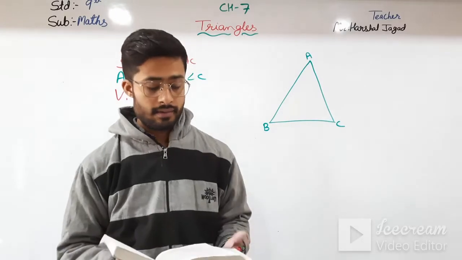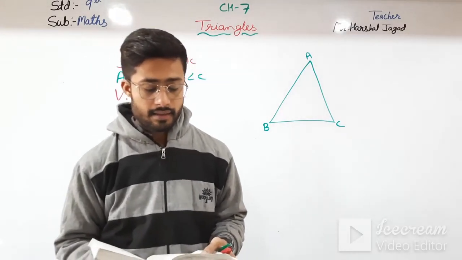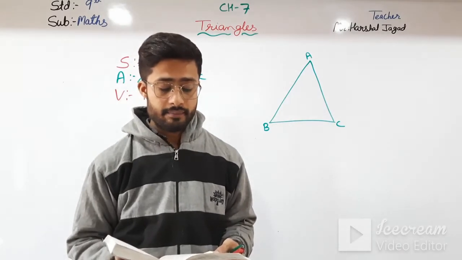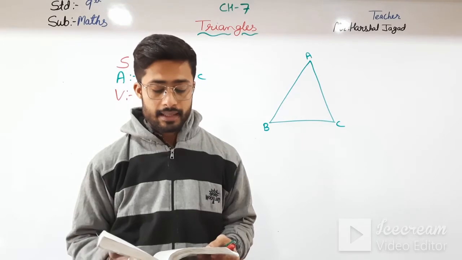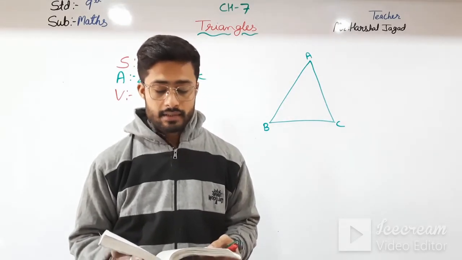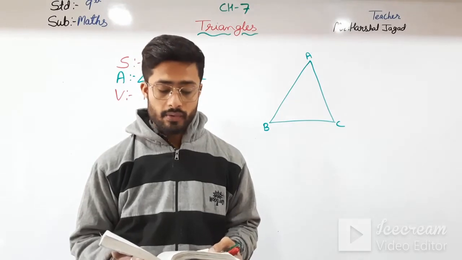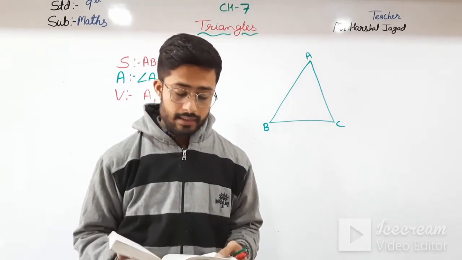Repeat this activity by placing one square on another with sides of the same measure, or by placing two equilateral triangles of equal sides on each other. You will observe that the squares are congruent to each other, and so are the equilateral triangles.